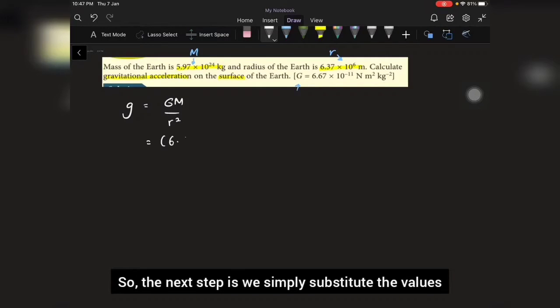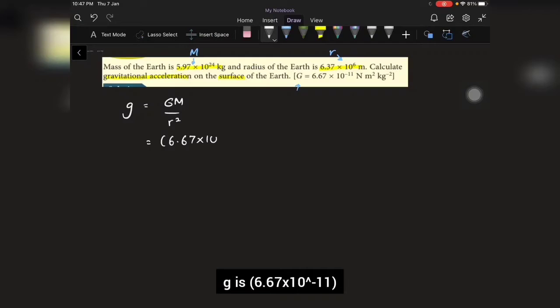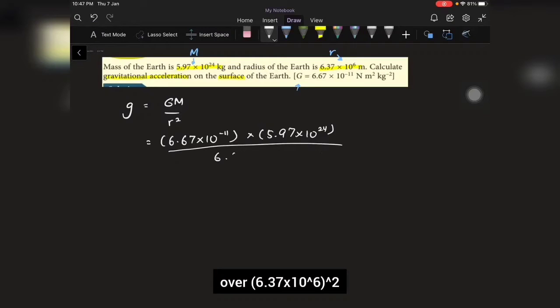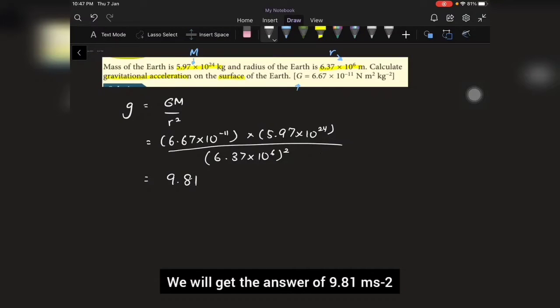G is 6.67 times 10 to the power of negative 11 times 5.97 times 10 to the power of 24 over 6.37 times 10 to the power of 6 squared. We will get the answer of 9.81 meters per second squared.